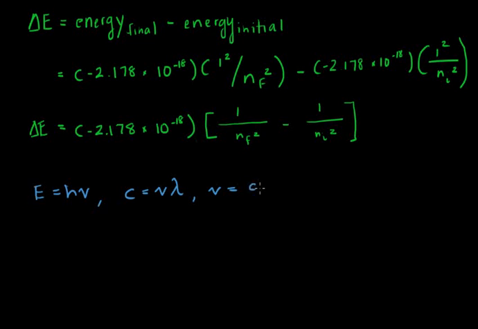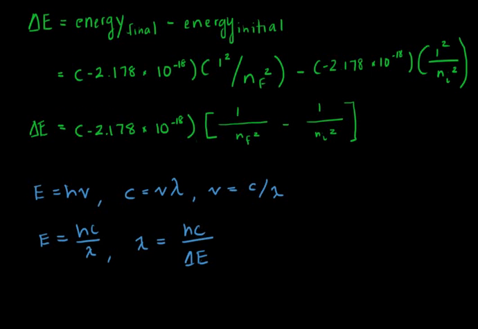Frequency is equal to c over lambda, and so if we plug this in for nu here, we see that energy is equal to hc over lambda. Now if we solve for lambda, we get wavelength is equal to hc over delta E. So if we know our delta E value, and both Planck's constant and the speed of light are constants, we can figure out the wavelength of light produced.